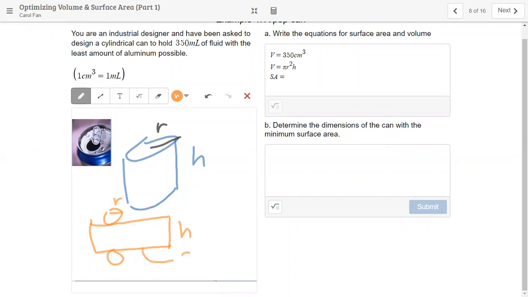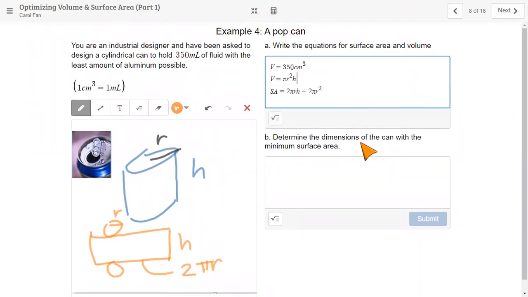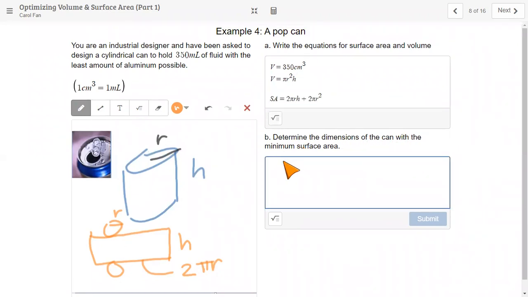This would be the circumference. So surface area, we have 2 pi r times h, that's our rectangular piece here, and then 2 circles, pi r squared. Find the dimensions of the can that has the minimal surface area.